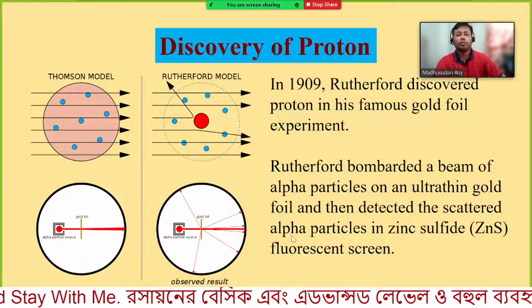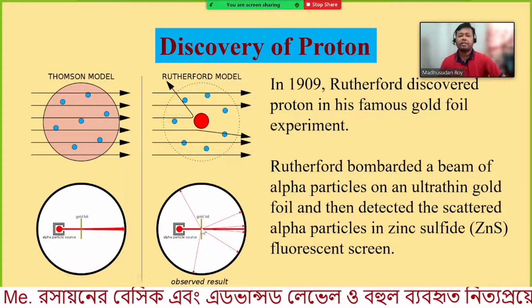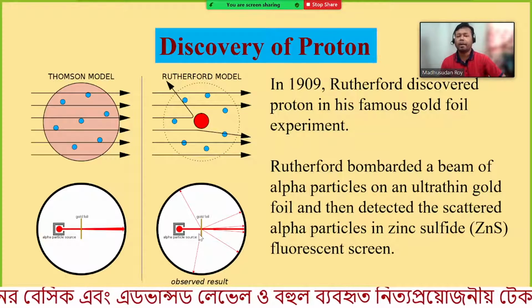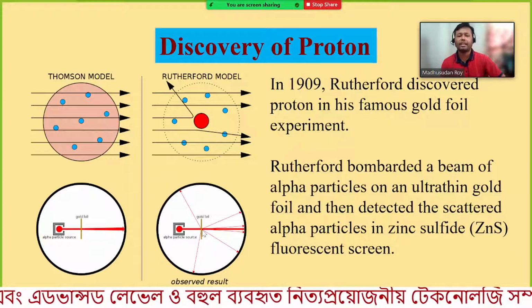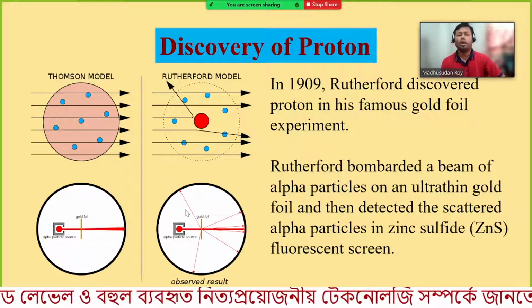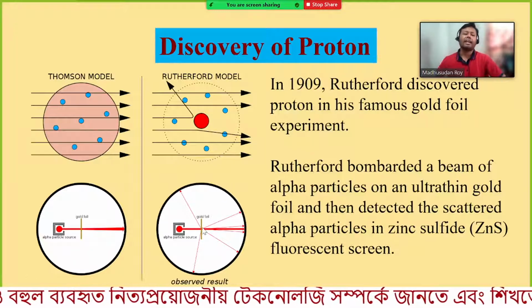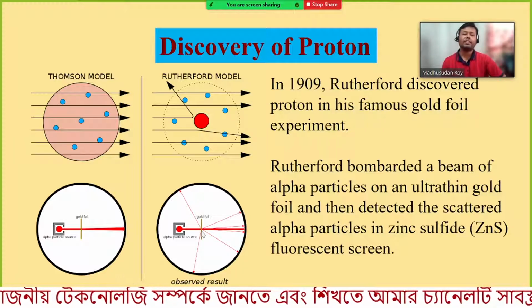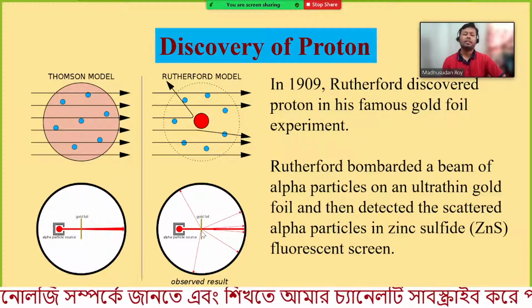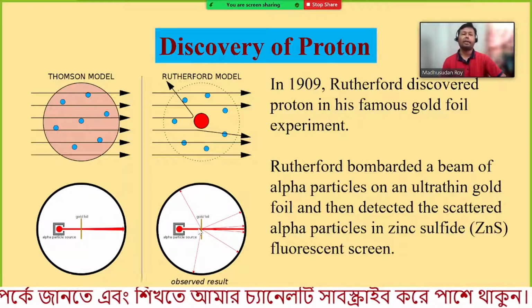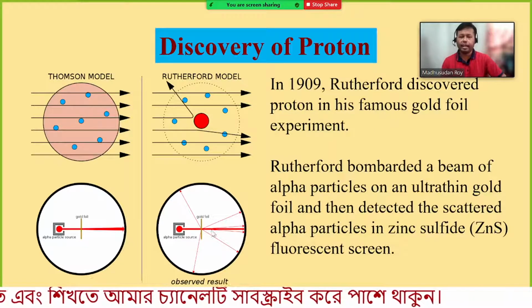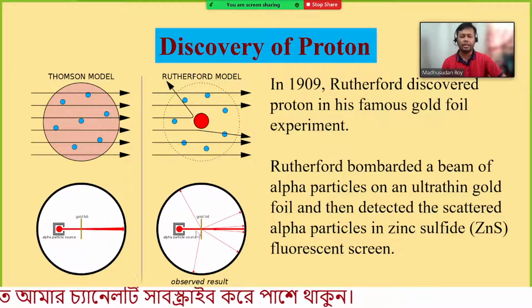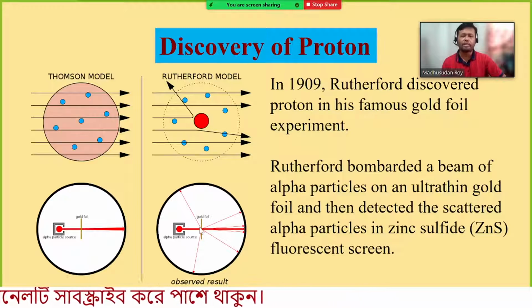Therefore, from this idea, as some of the particles are coming back or reflected at a very large angle, he could realize that something very heavy is inside the center of the atom.